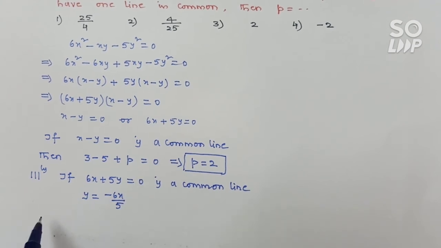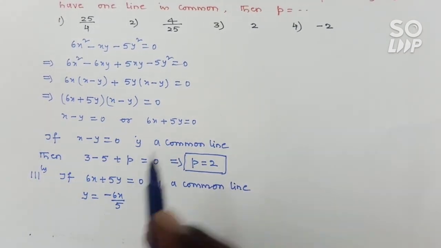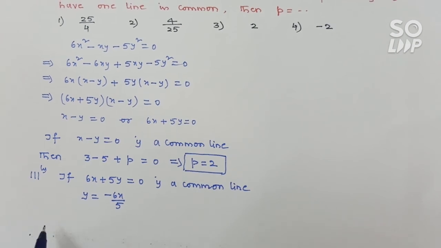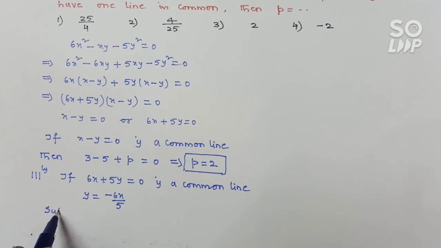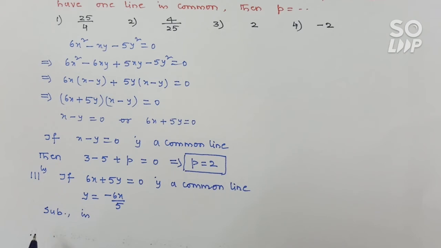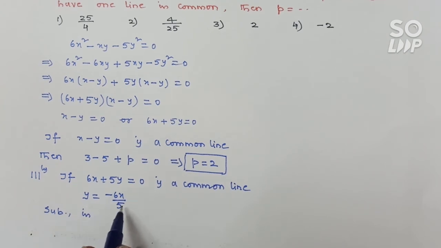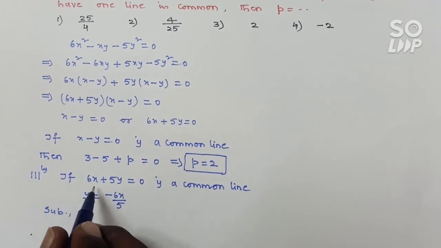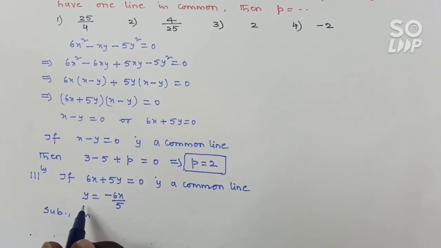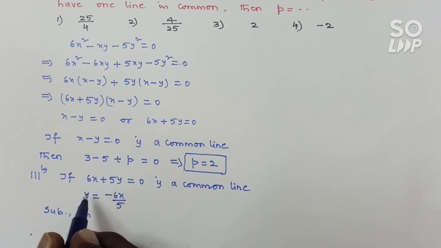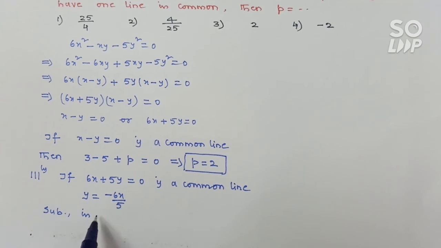The second pair of equations will be 0, and we substitute only in the first pair of equations, because 6x plus 5y is equal to 0 is one of the factors of the second pair of equations. So it is a common line to both equations, which means you substitute this to get the p value.